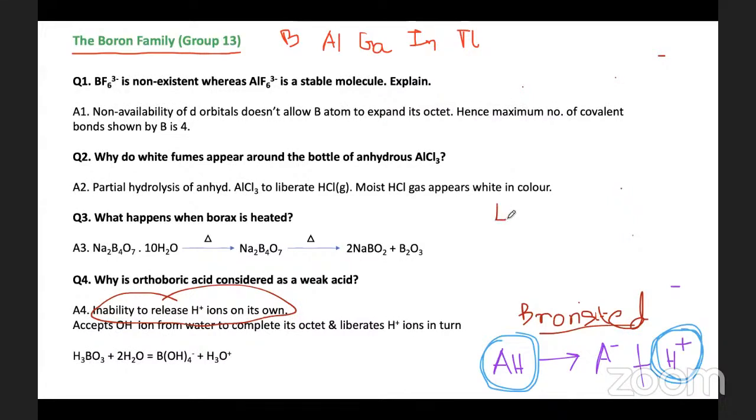These are the Lewis acid based concepts. So in terms of Lewis theory, acids are those that can actually accept electrons. And bases are those which can actually donate electrons.